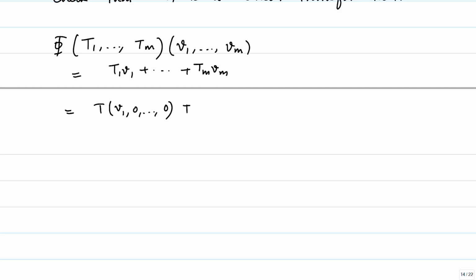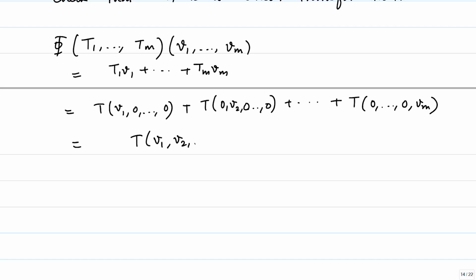What will be T2 of V2? That will be T of 0 comma V2 comma 0 0 0. And how about the last one, Tm of Vm? That will be T of 0 comma 0 comma 0 comma 0, and the last one Vm, which sums to T of V1 V2 up to Vm, because T is a linear transformation.